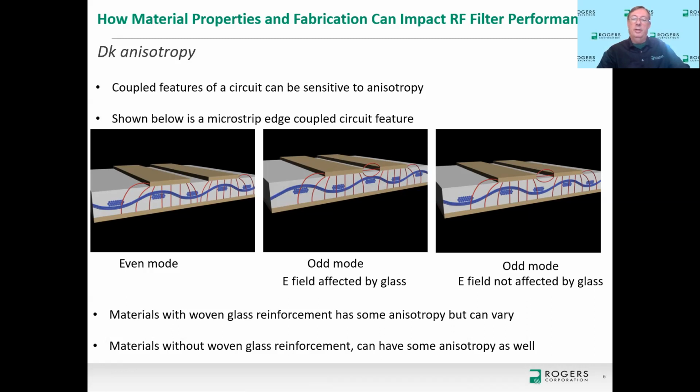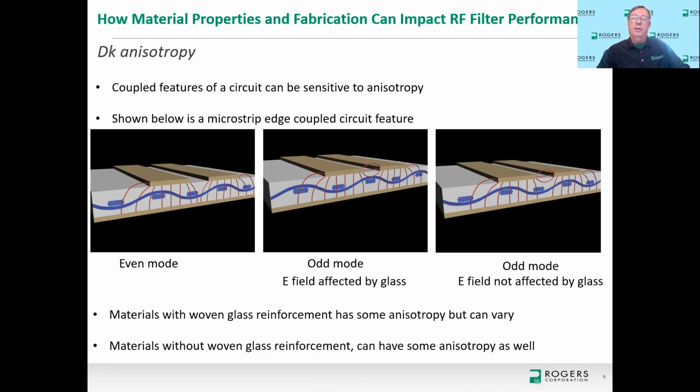Now I'm also showing the glass weave effect in a very simple way here. So the odd mode middle picture compared to the odd mode right picture, the odd mode middle picture has fields interacting with the glass, which is drawn in blue. So the glass reinforcement layer drawn in blue actually has a higher Dk. It's usually about 6 Dk or more, and the resin system is usually lower than that.